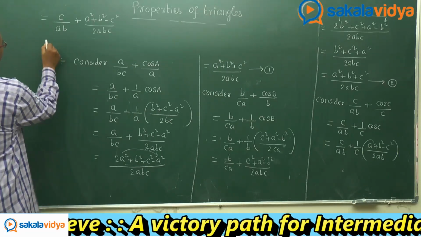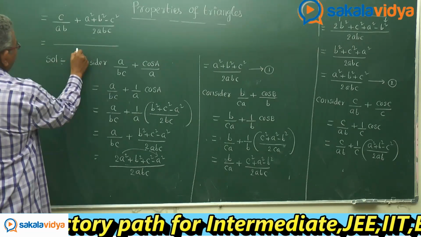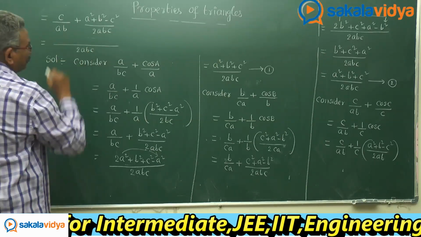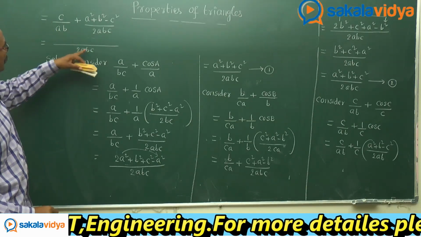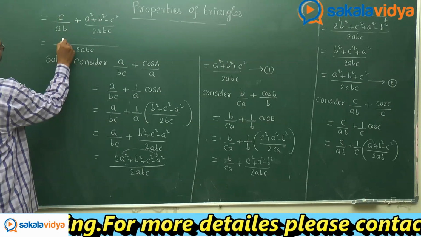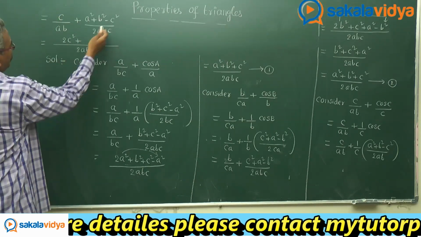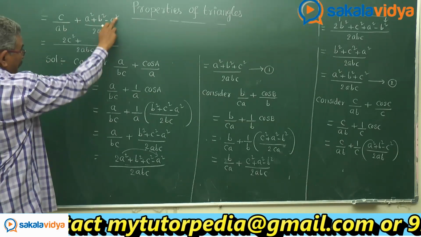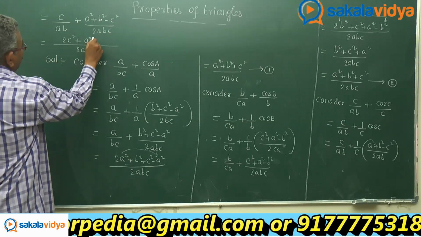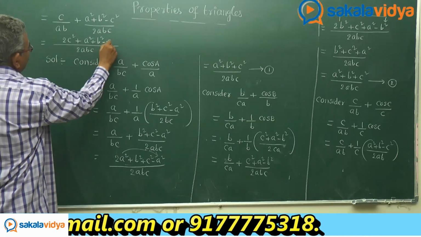Now let 2abc be taken as LCM. Dividing, ab gets cancelled, 2c multiplied by c gives 2c², plus 2abc divided by 2abc gives 1, multiplied by this one, we get a² + b² - c².